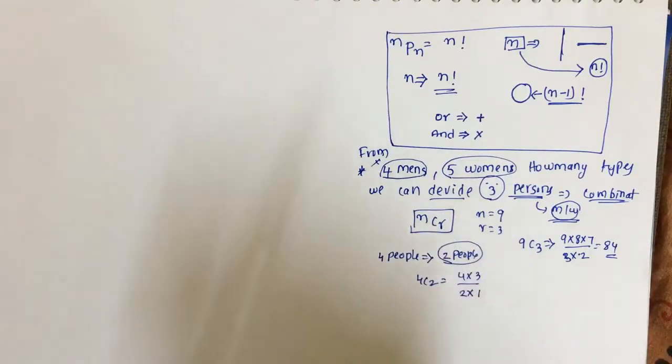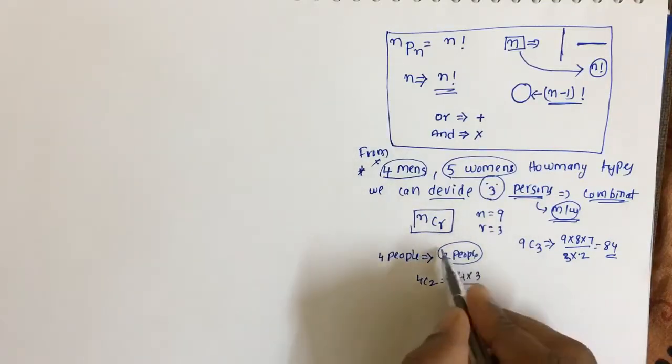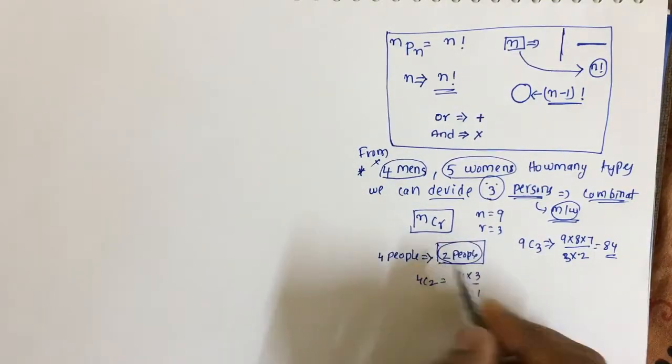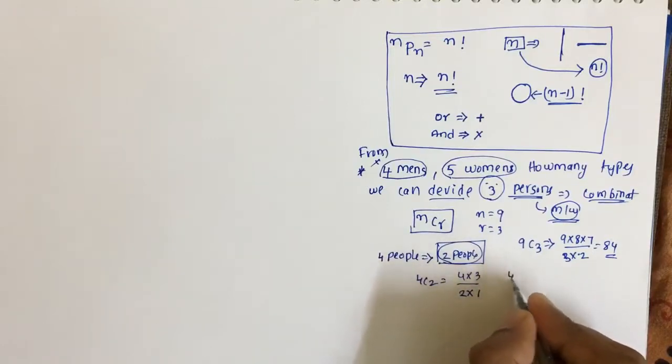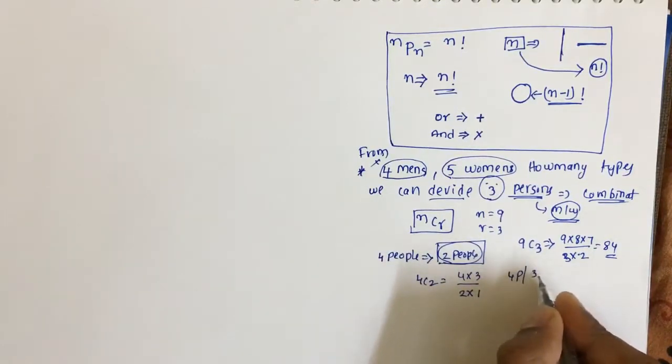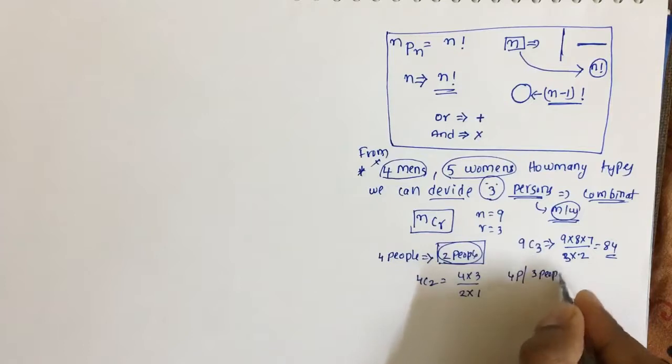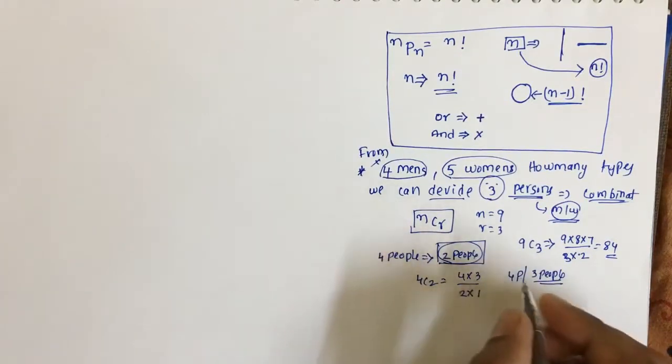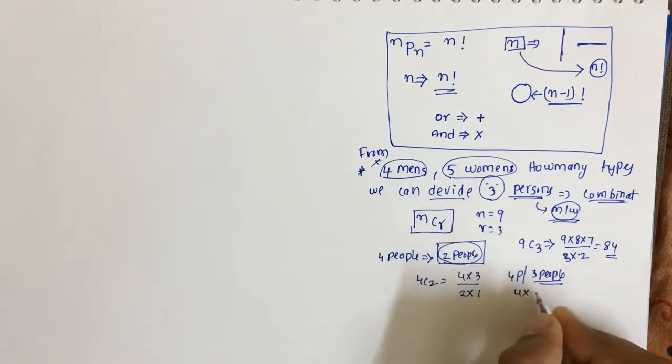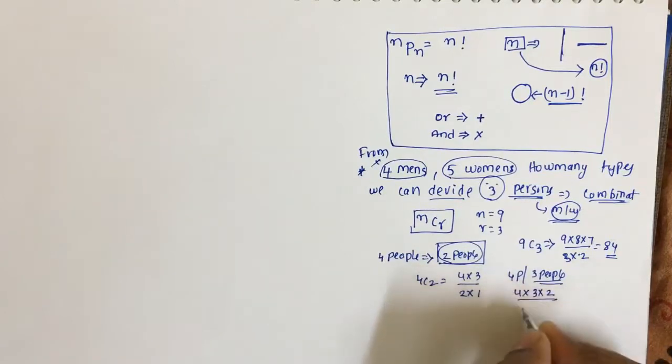The combination problem is very simple and also very tricky. Here they ask only for 2 people. That's why, when they ask about 4 people and 3 people, how many ways we can arrange, this problem also I did there; I wrote 4 into 3 into 2 by 3 into 2 into 1, this way.